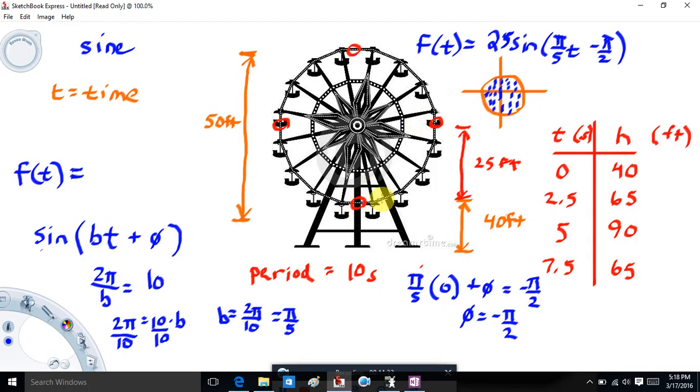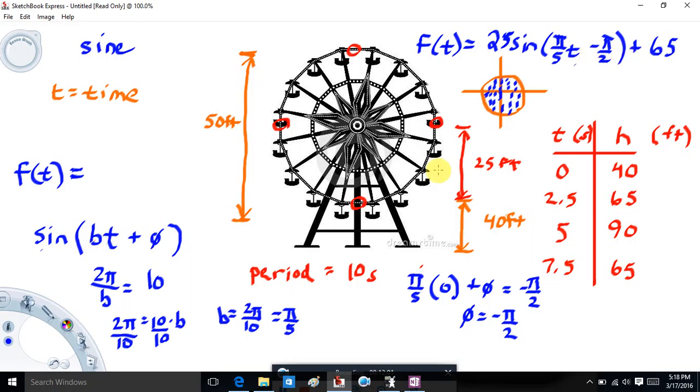So this value here is negative 25. So we know we're going to have to take this 40 plus the radius, right? So we're going to have to take 65 and add it.